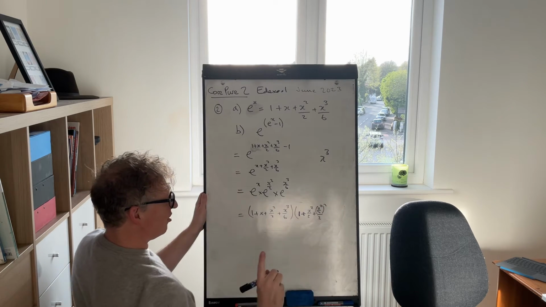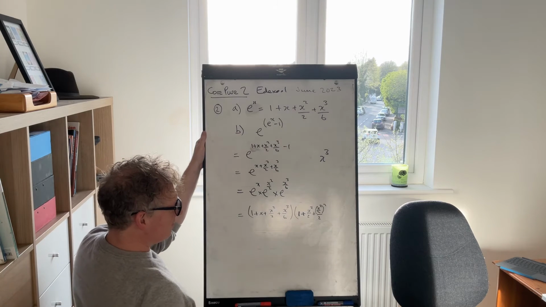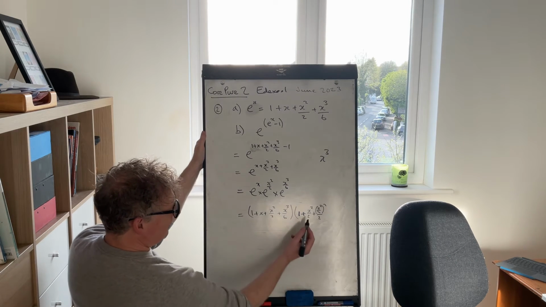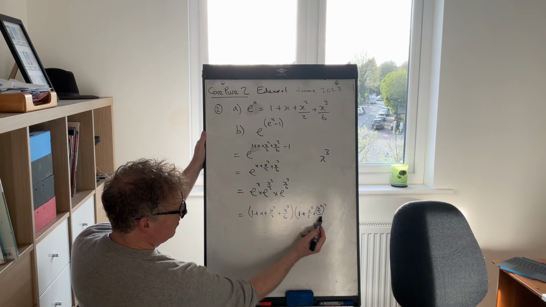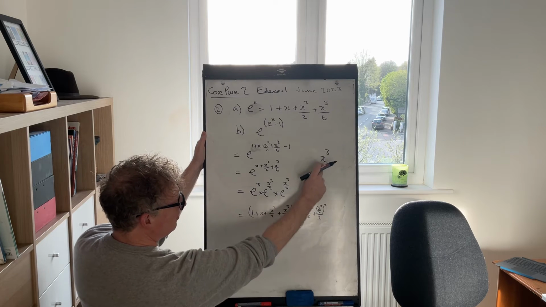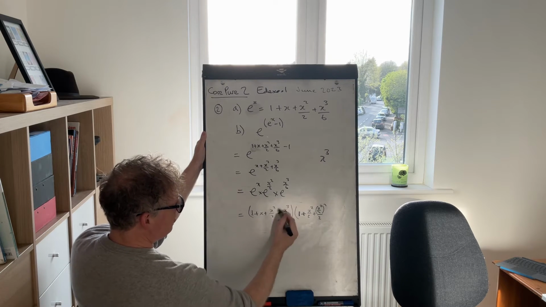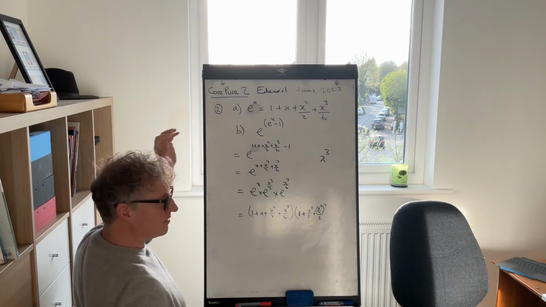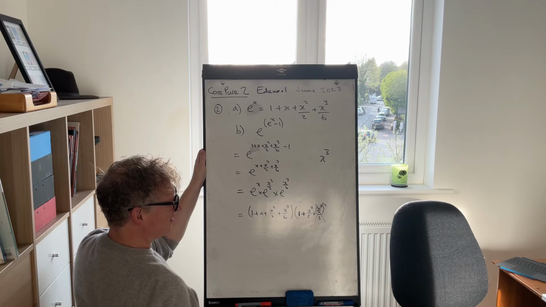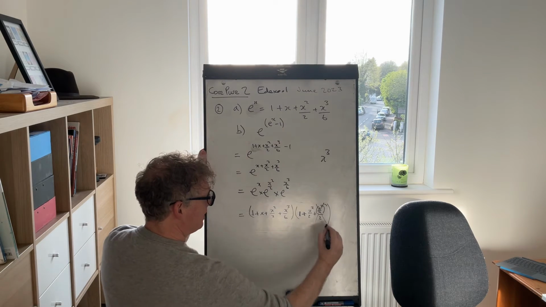Now let's just stop there for a second, because before I go any further, when I expand that out, won't that give me an x to the 4 term? And that's beyond what we need. We want x cubed, so when we start multiplying out at the end, already we don't need that term. So let's take that out and ignore it.